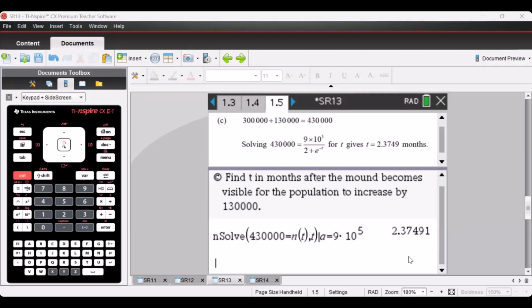This equation has just one solution, so we are safe to use the numerical solve command.